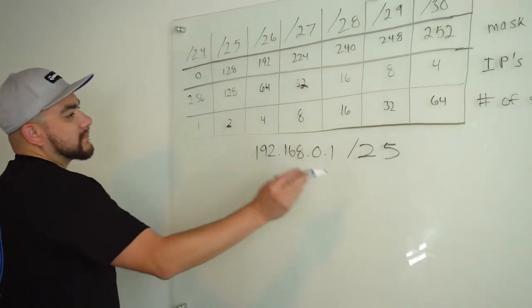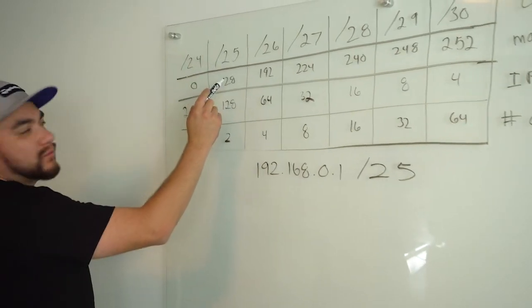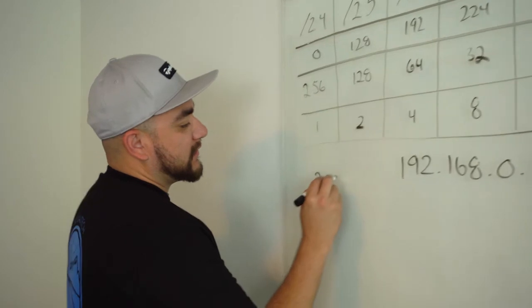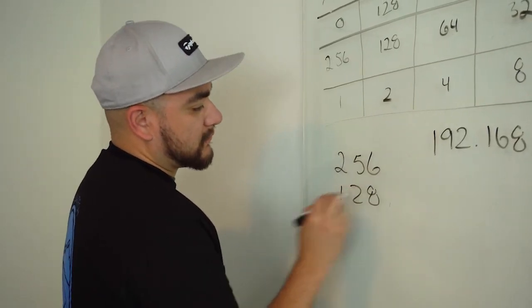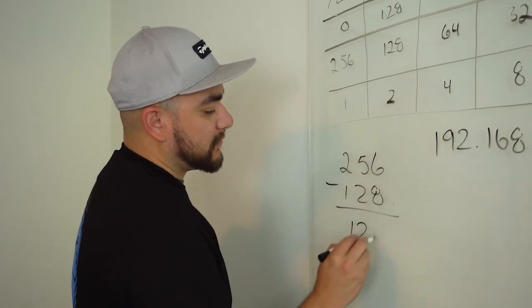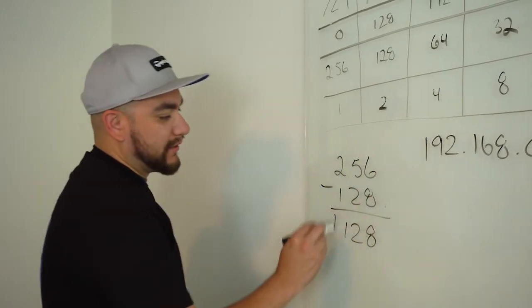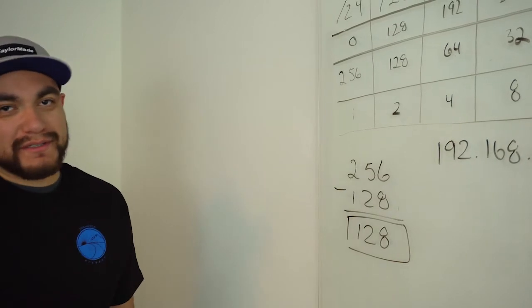So let's go to /25. Let's look on our chart. Okay, 128. We always subtract it from 256. What do we get? 128. Okay. This number here represents the total number of IPs.